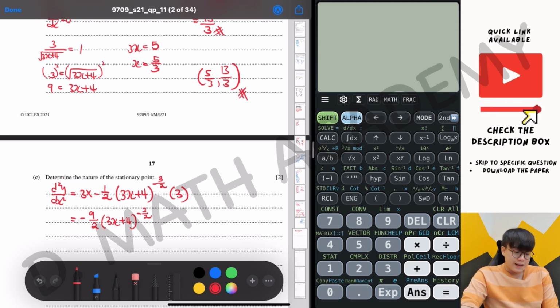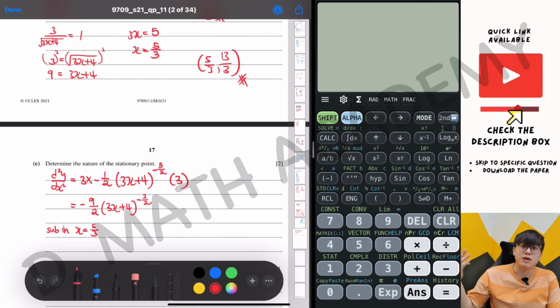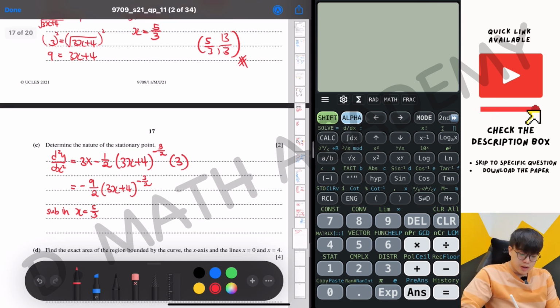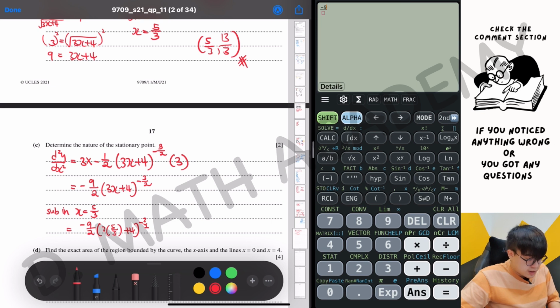Okay, then we have one last thing to do, which is to substitute the 5 over 3 into it and determine whether it is more than 0 or less than 0. So we have -9 over 2, (3 times 5 over 3 plus 4) to the power of -3 over 2. So let's key in this.